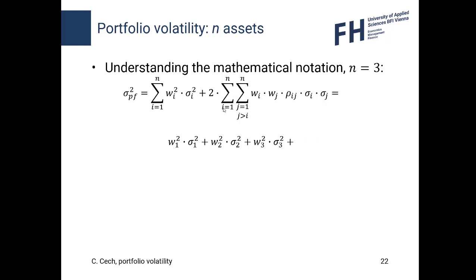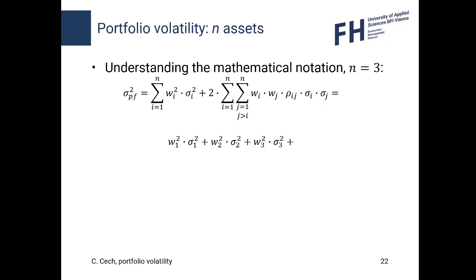We go for i from 1 to n, and for j also from 1 to n, but we add this term here only if j is larger than i.